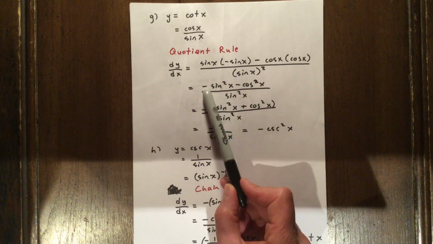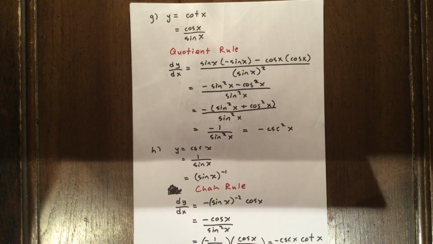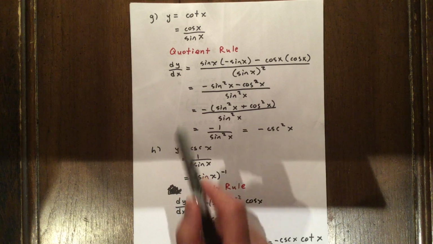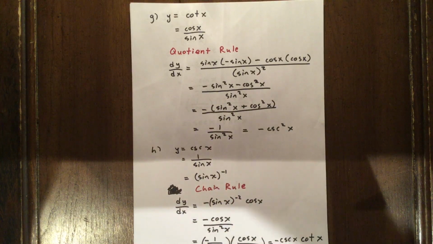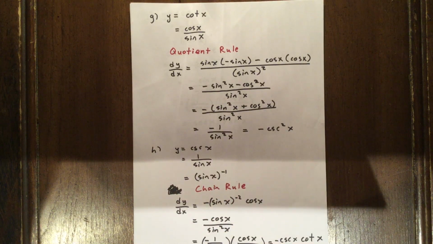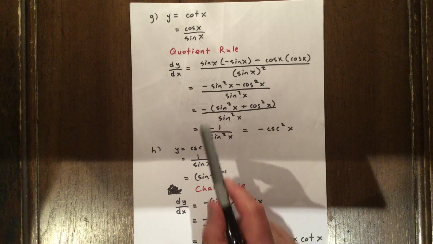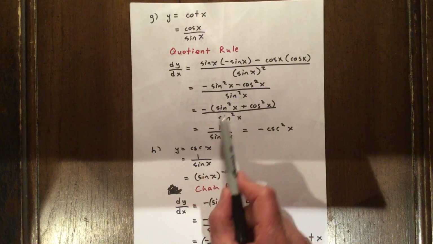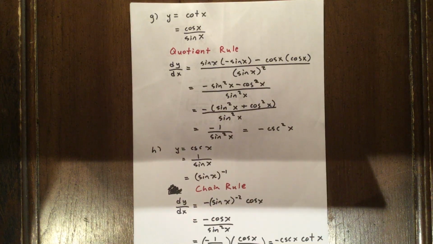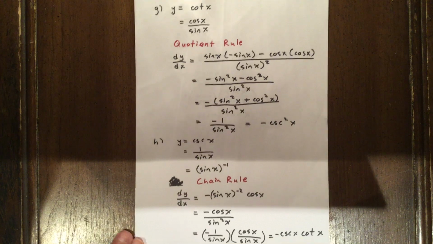And when we simplify, we get negative sine squared x minus cos squared x in the numerator over sine squared x. Well, we can factor the negative 1 out, and we have sine squared x plus cos squared x in the bracket. And that is the same as 1. So we have negative 1 over sine squared x, and that's the same as negative cosecant squared x.